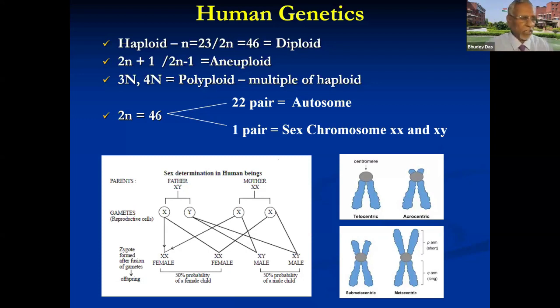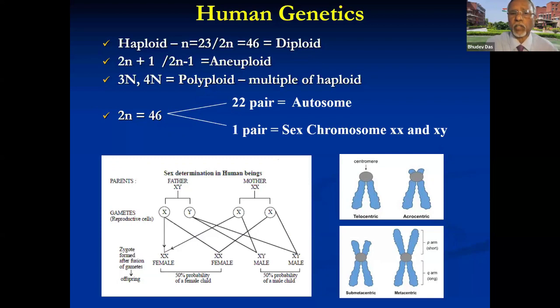You have the Mendelian pattern of inheritance, where you get the zygote, the parents, the offspring, the gametes XX and XY, and then you get 25% each, or 50% males and 50% females. That is how you get the zygotes or the babies. That is the standard Mendelian pattern of inheritance.